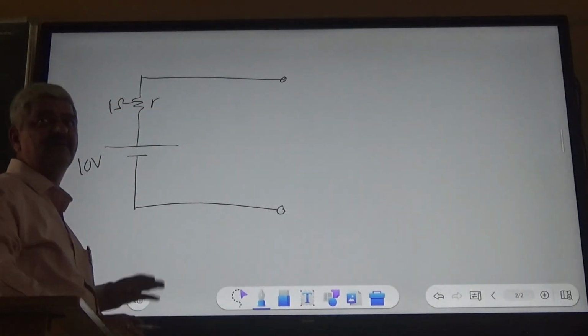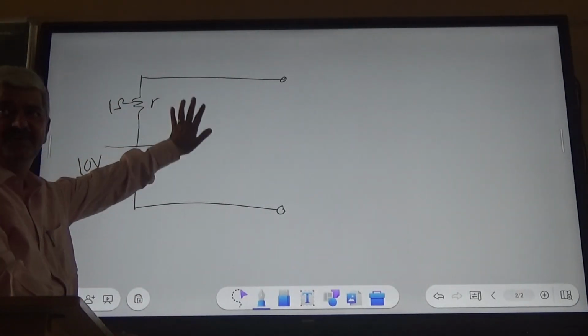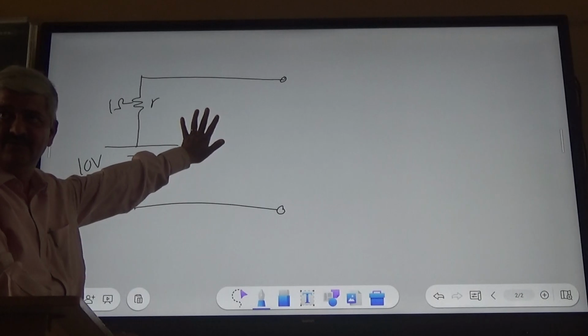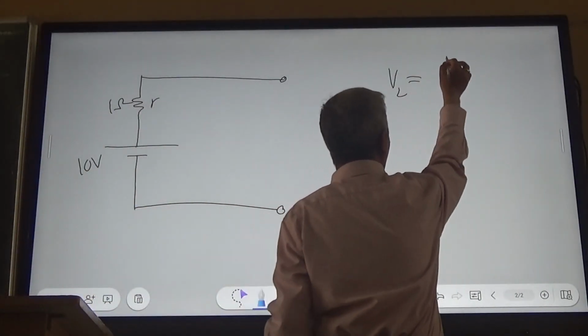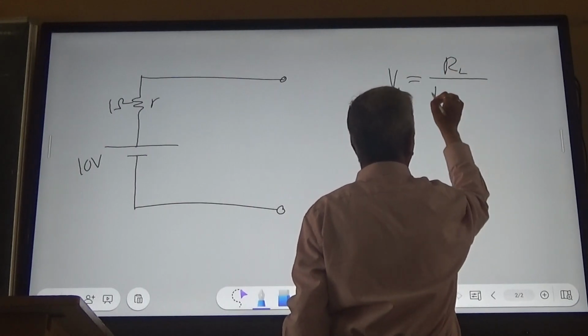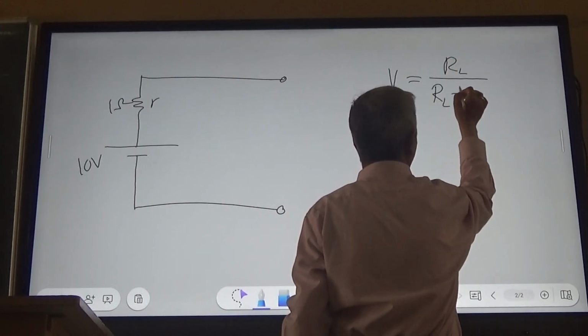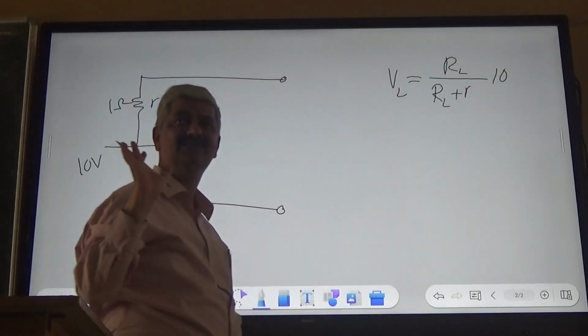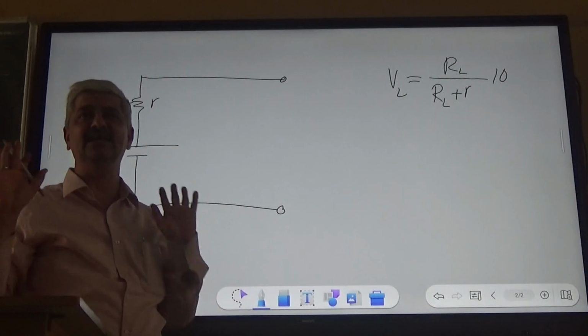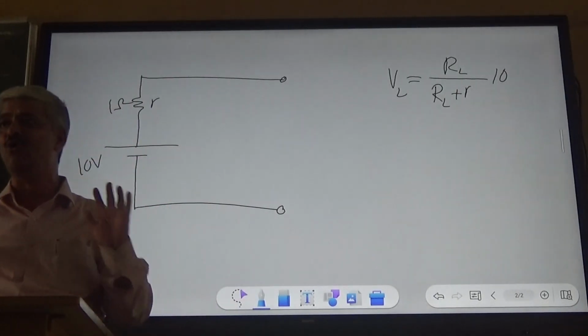So this is, again repeat, an unregulated power supply, where VL will be equal to RL upon RL plus R, into 10. Right? This is an unregulated power supply of 10 volts.